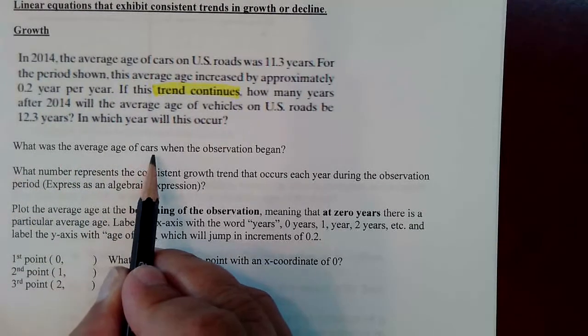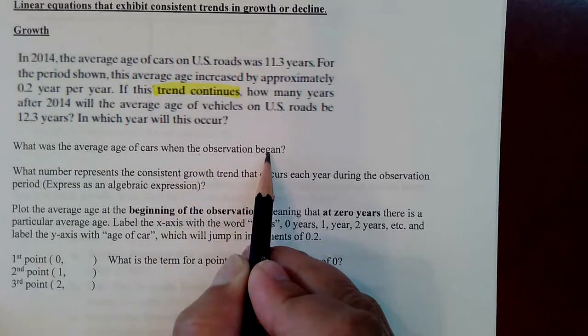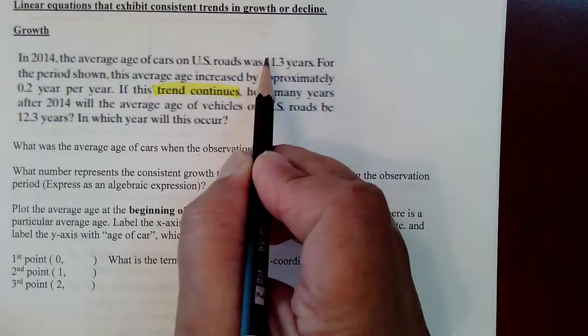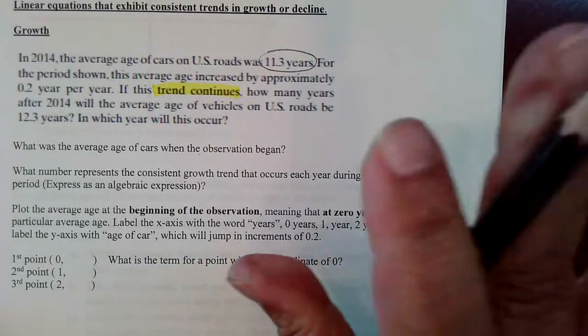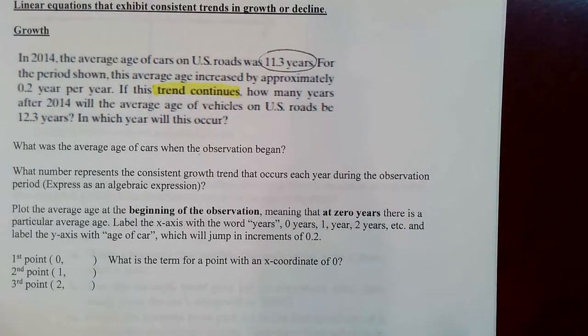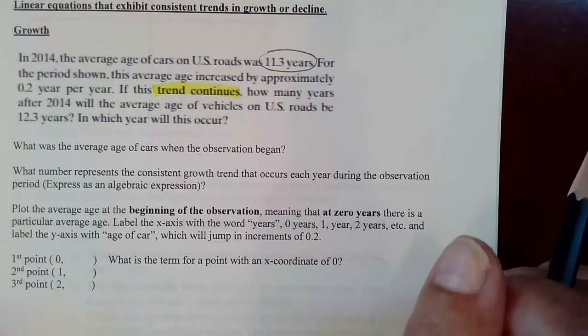What was the average age of cars when the observation began? And that would be this. When the observation began, no time had transpired. It was just the original average age before they continued to watch these ages grow.